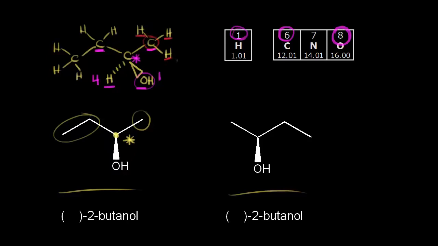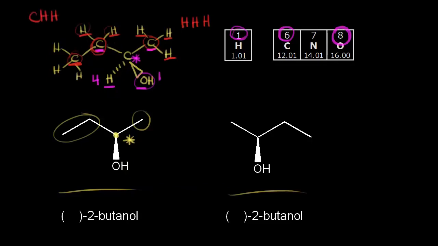So let's go ahead and write that out. So hydrogen, hydrogen, hydrogen. The carbon over here is directly bonded to a carbon, a hydrogen, and a hydrogen. And we're going to put those atoms in order of decreasing atomic number. So this carbon has a higher atomic number than these hydrogens, so we write carbon, hydrogen, hydrogen.